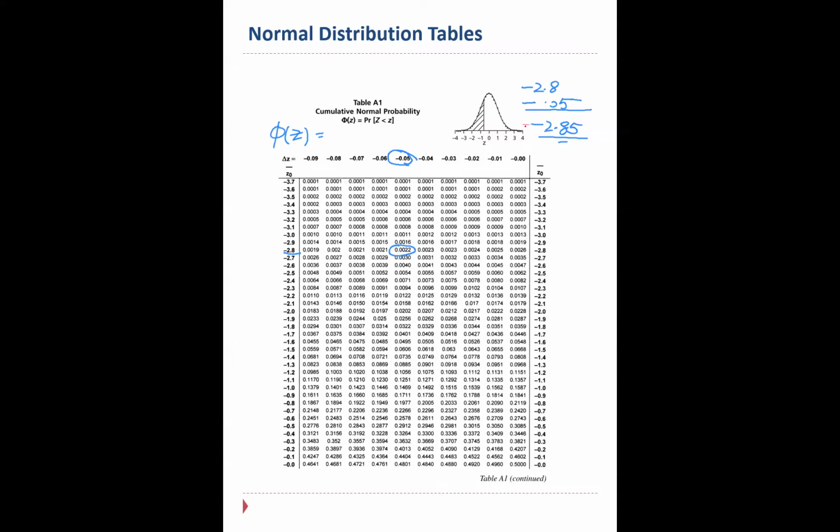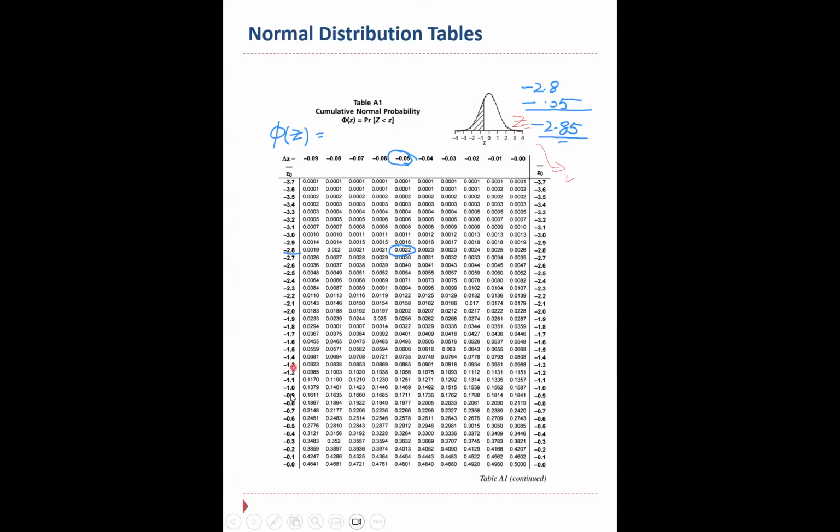And for a z value, we can then transform it to our original variable x. So that's going to be our process. The first page gives us the values from minus 0 to minus 3.7.